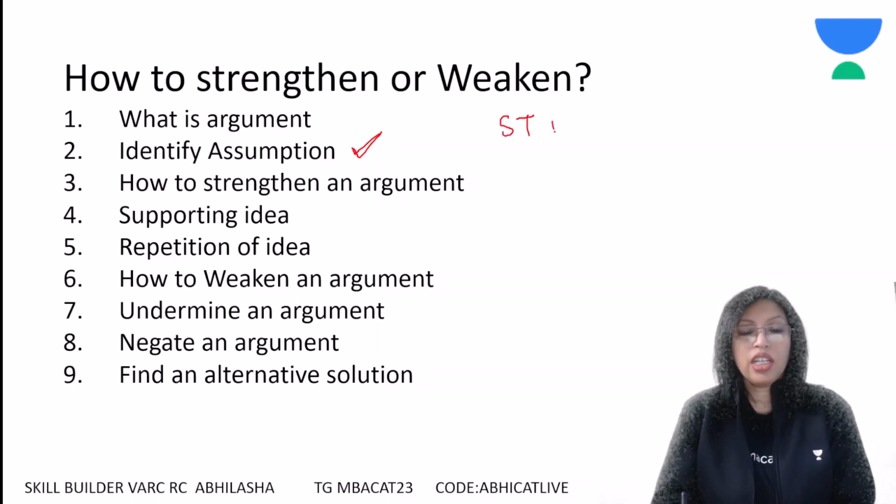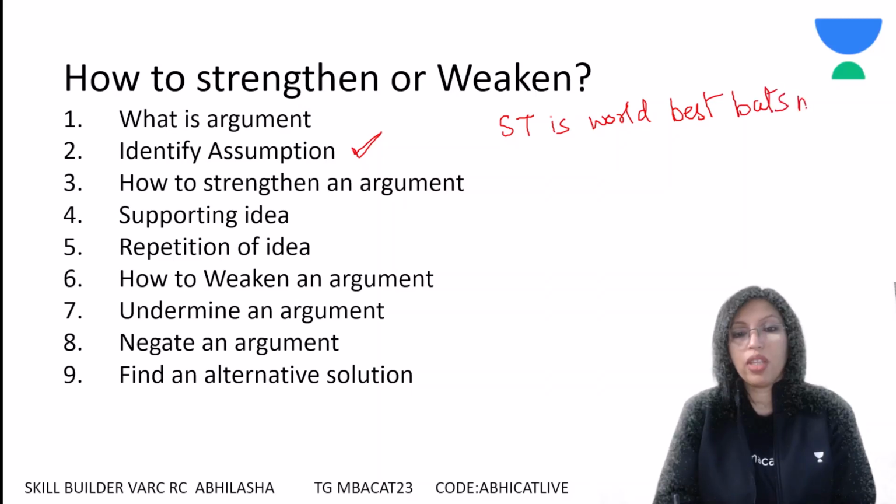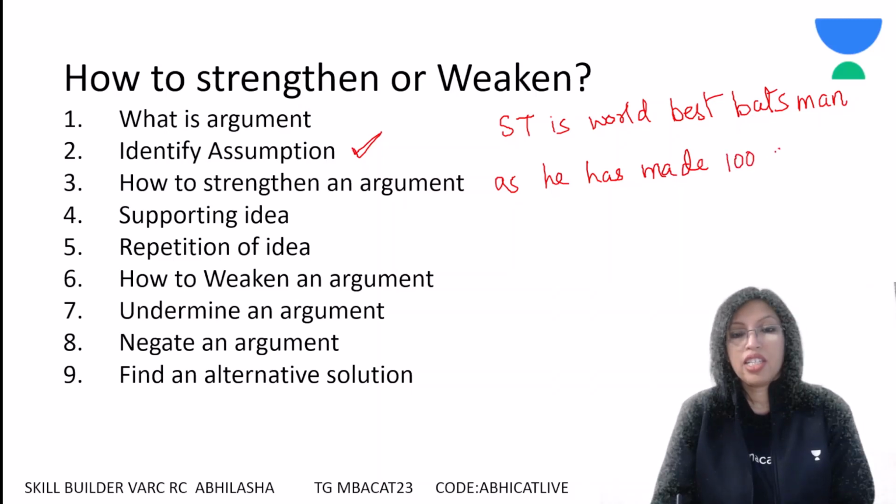Sachin Tendulkar is the world's best batsman, and this is my favorite argument of all the arguments, as he has made, and this may not be factually correct because I have no idea about cricket, 100 centuries. Okay, please forgive me for the historical inaccuracy.